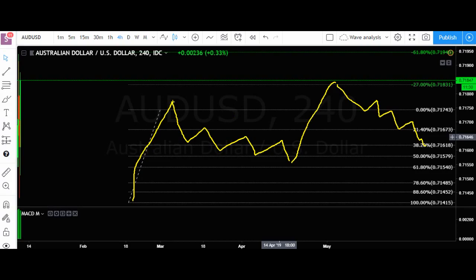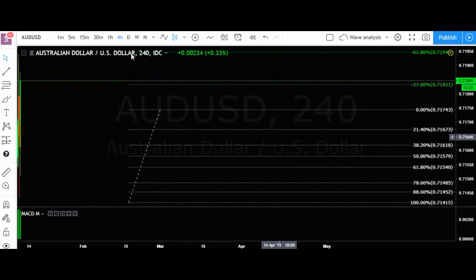Out of the 1,000 that I tested, I would say this profit target gets hit between 80 and 90% of the time. So it's a very good indication to gauge where to put your profit target when you take a trade.